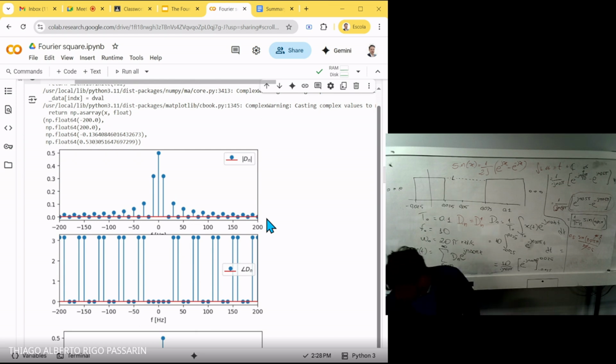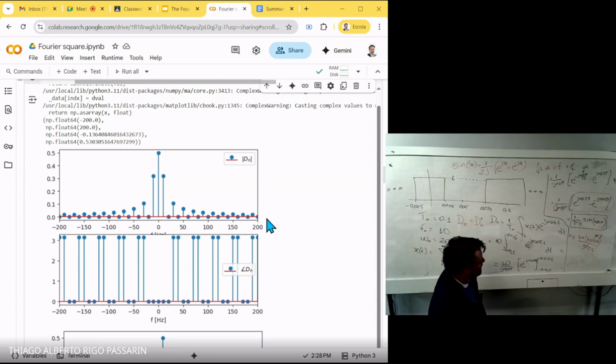If you increase the number of sample points, you start to get more frequencies. If you acquire your signal in a longer span, you also show more frequencies.